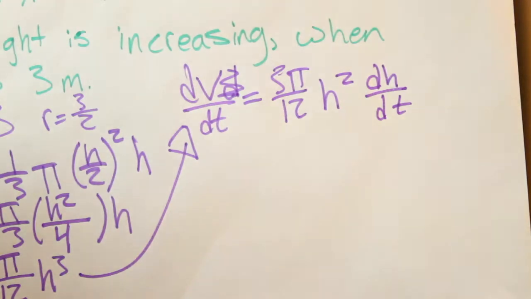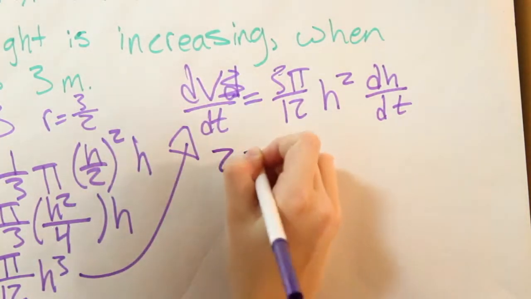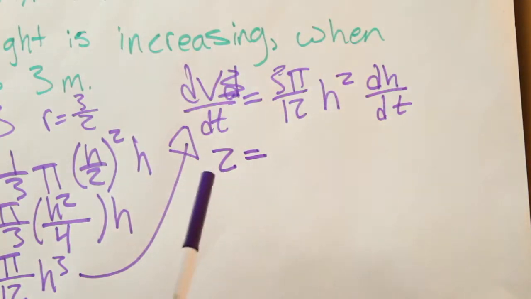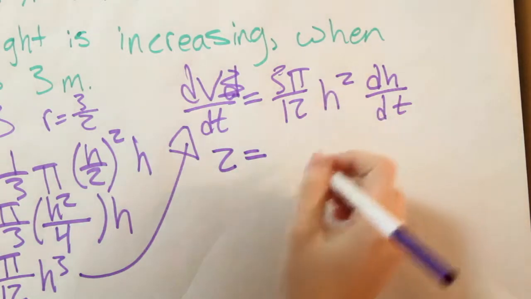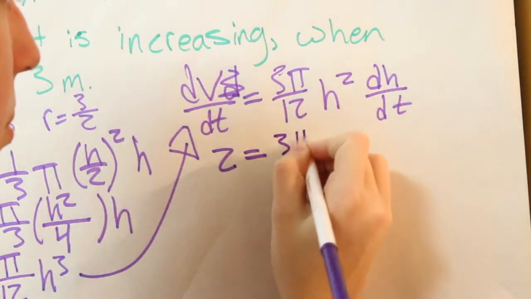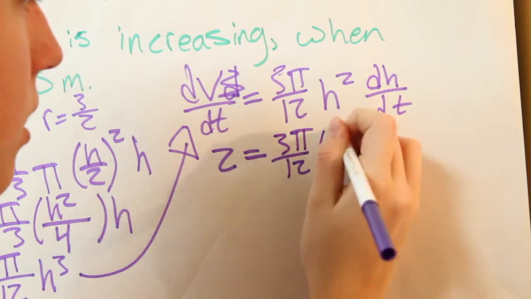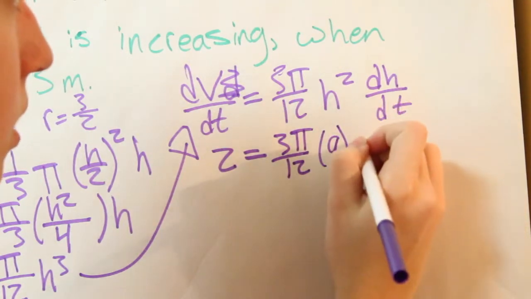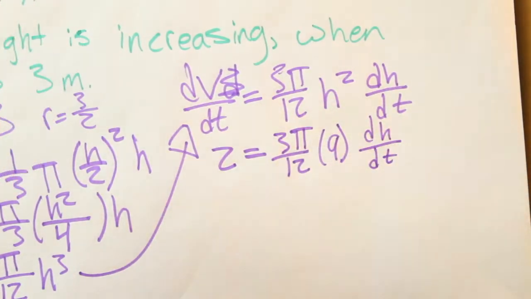And we're going to simplify that. We know that dV/dt is equal to 2. We know that h is 3, so we're going to square that, and that's 9. So 2 equals 3 pi over 12 times 9 times dh over dt.